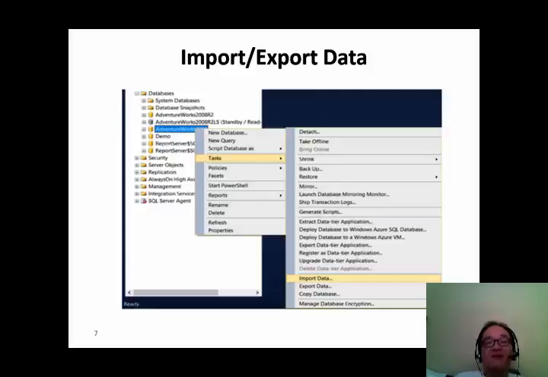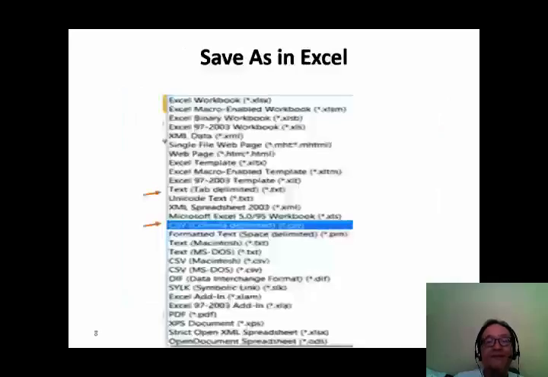There are two commonly used data formats for moving data into SQL Server or out of SQL Server: CSV and TXT. CSV stands for comma delimited. Excel is commonly used together with SQL Server.